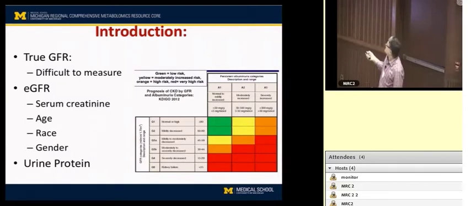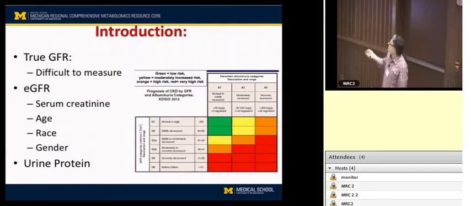If the patient has a normal GFR of above 90 with no or very minimal protein in the urine, that's the best. That's considered normal. As the GFR category drops or the amount of protein in the urine increases, you would see the heat map with a red color that indicates association with bad outcome.